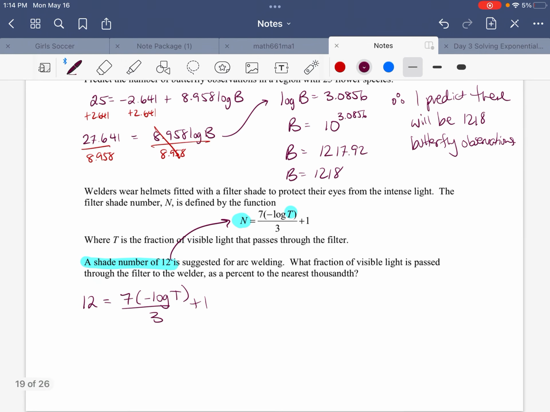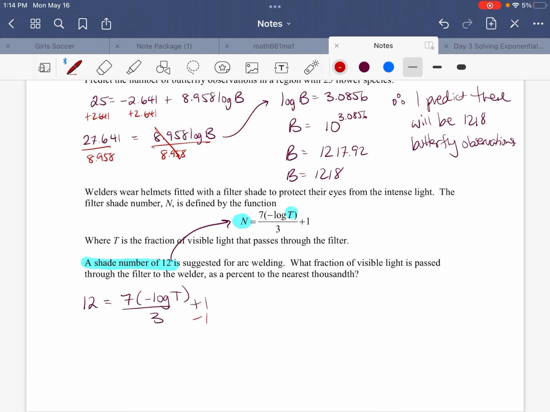And then we have to do a little bit of algebra. So subtract 1 from either side. Multiply each side by 3. And then you're going to divide by 7.